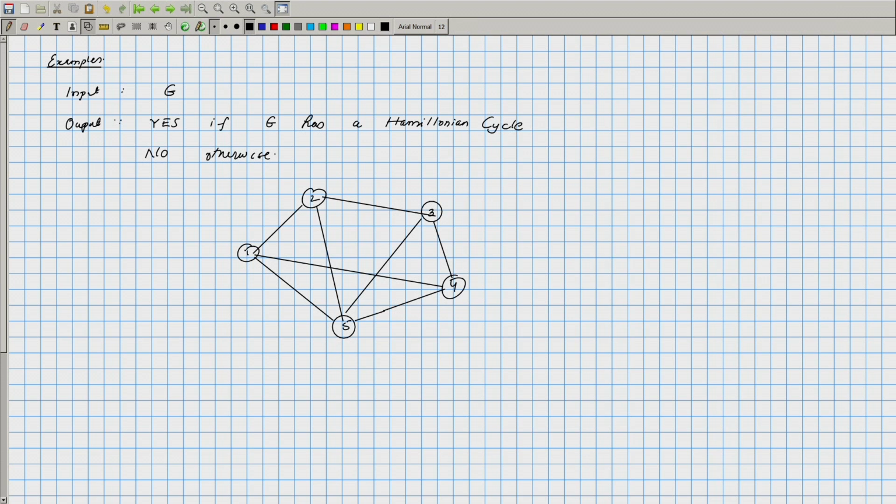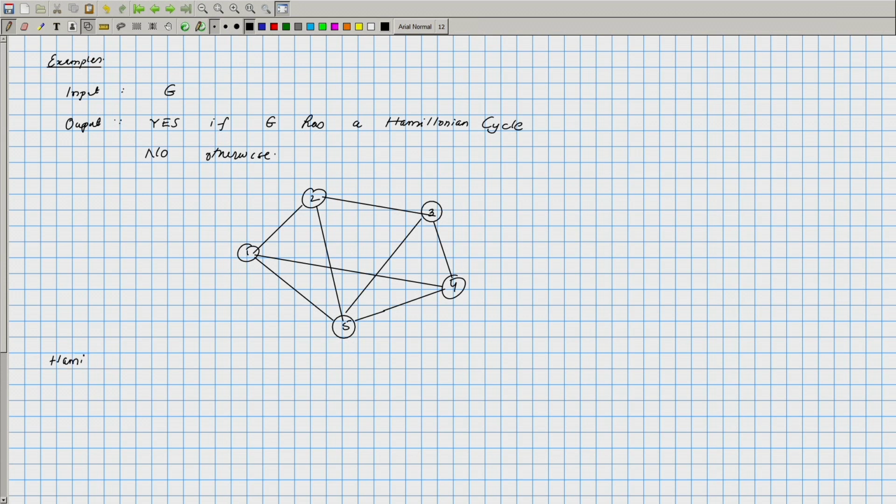We want a traversal where every vertex is visited exactly once, and no vertex should be visited twice.